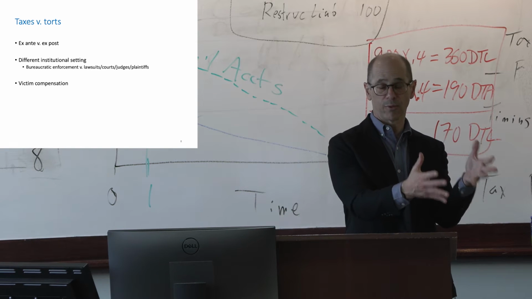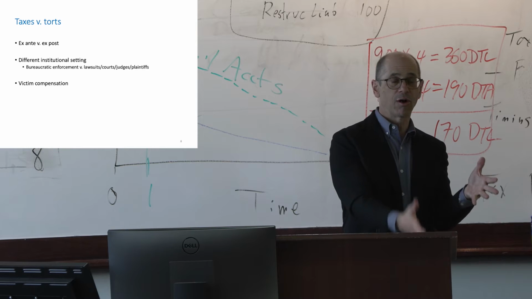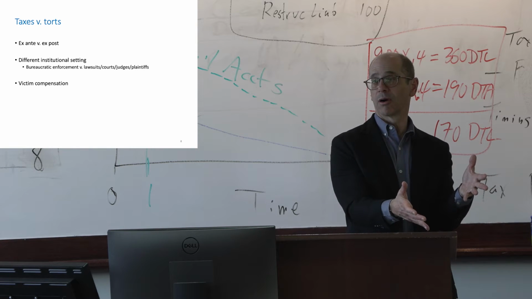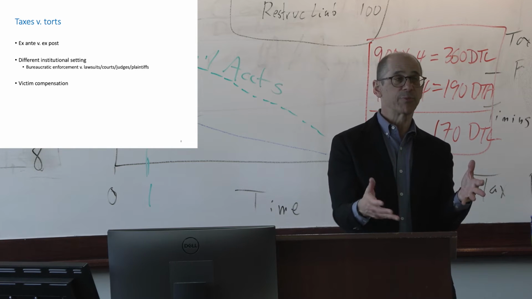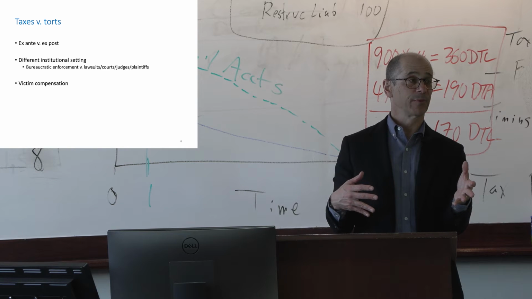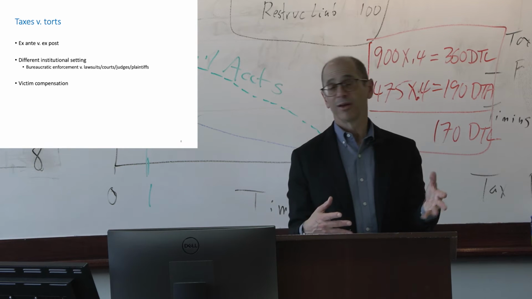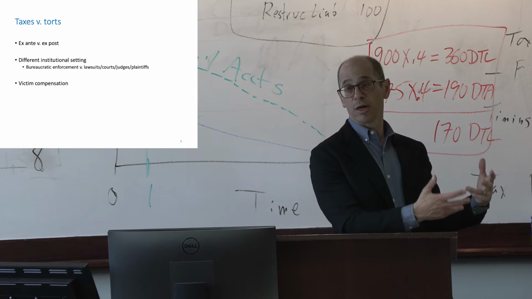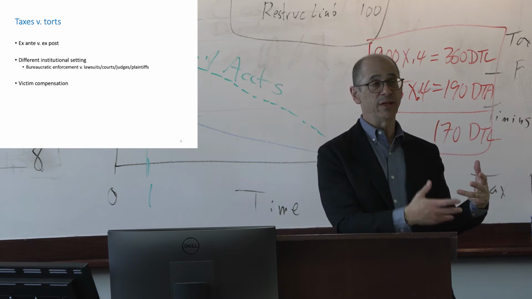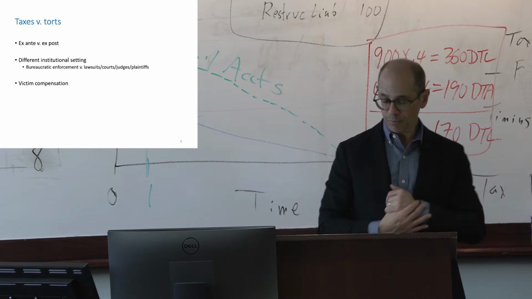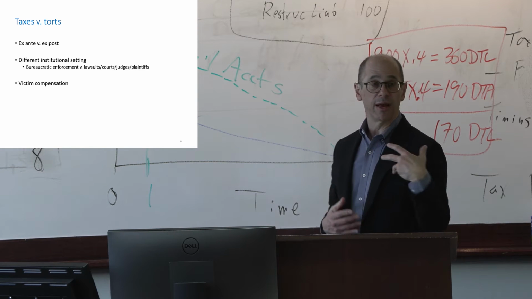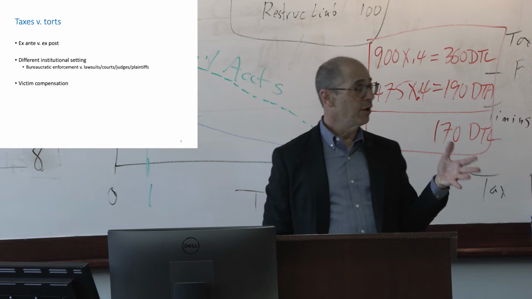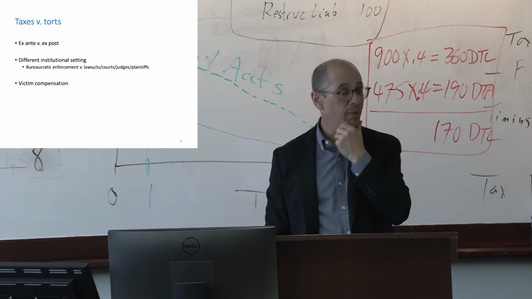They say, I'm hurt by this. You know the harm has actually occurred, and you can measure it, and therefore being ex post provides an informational advantage. Whereas ex ante, what are you going to do? You've got to run some model and try to figure out what the harm from this activity is going to be, even though it hasn't occurred yet. So with a tax, you need some estimation of the expected harm, whereas with torts, you don't.